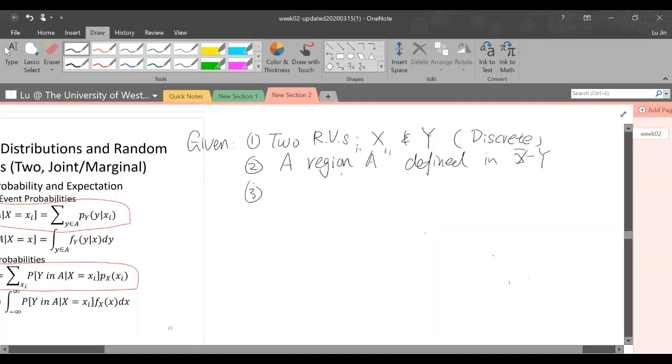Thirdly, we have defined an event, which is Y falling into the region A defined above. Based on these three conditions, we want to find the probability that Y is in region A.